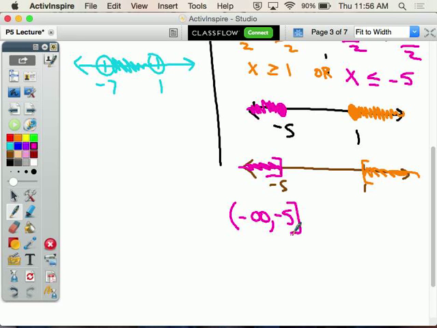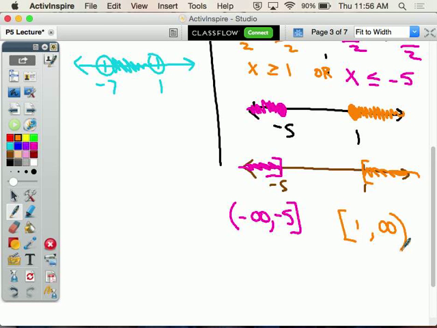So kind of the nice thing about the new way is you can see the bracket, and that's what you use again. In the orange, notice how the smallest thing in that section of my graph is a 1. That's where I start. So I put a bracket and I write down a 1. And then it keeps on going forever in the positive direction. That's an infinity. Remember, infinity is not a number, it's a direction. You're going in the positive forever.